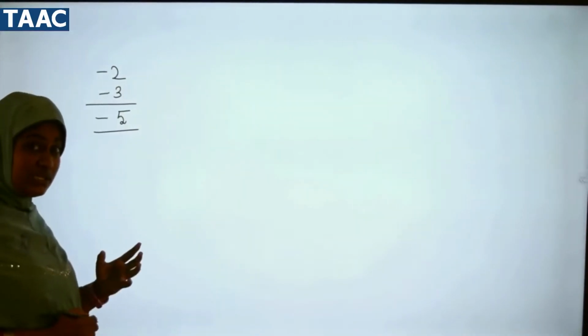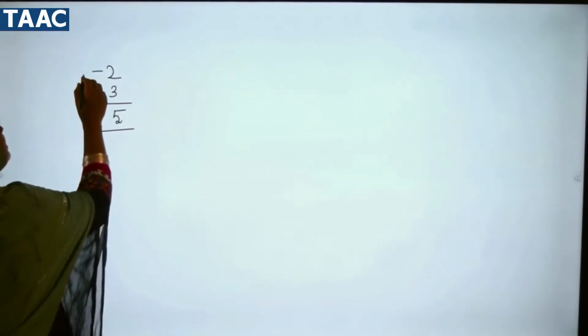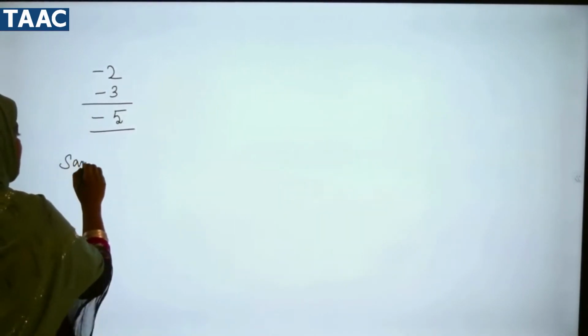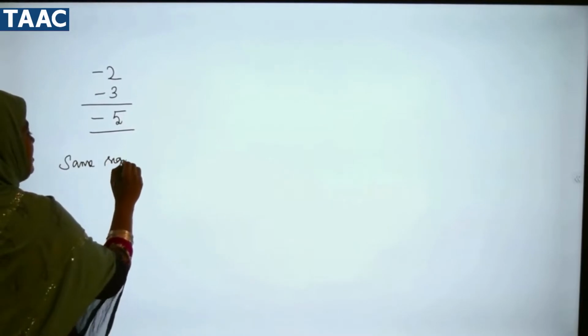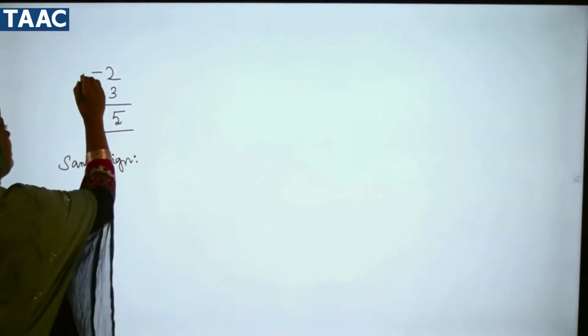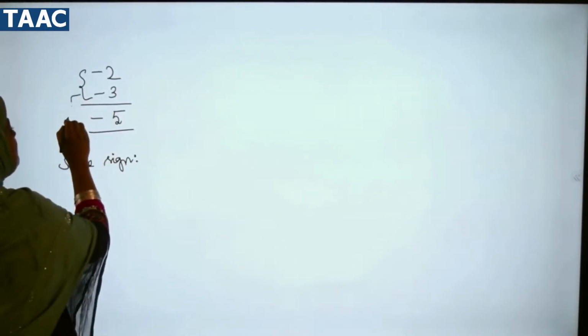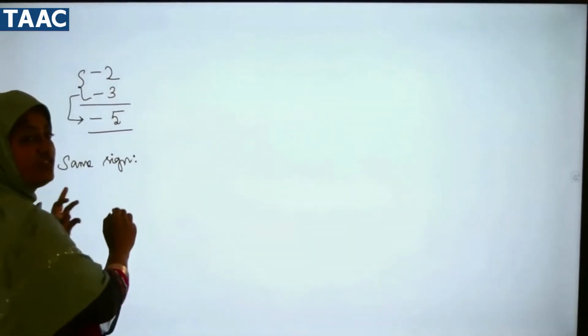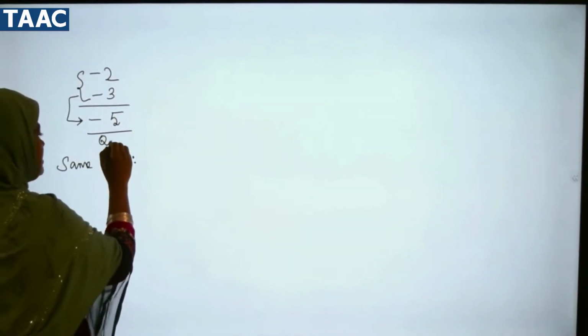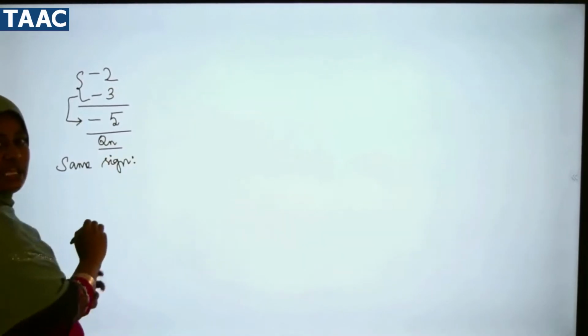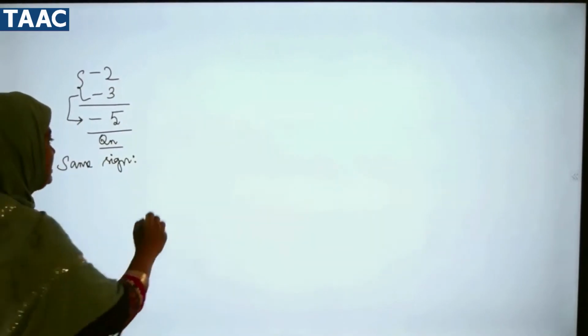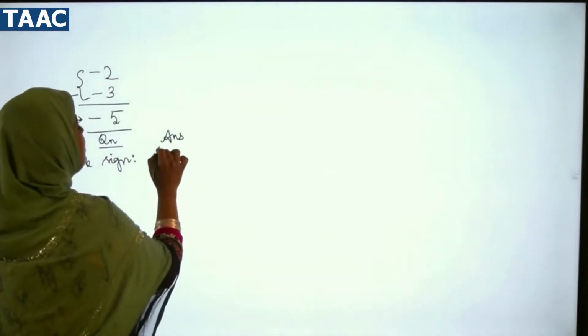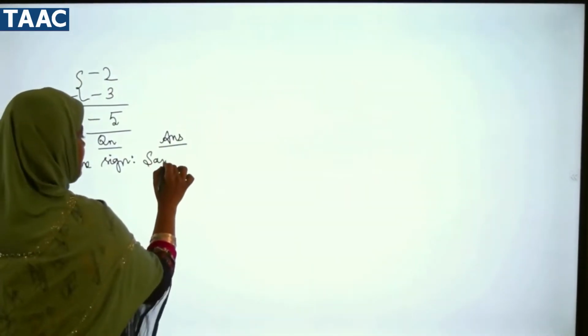So, what is the concept here? We have the same sign. Whether it is a positive sign or negative sign, the same sign comes in the answer also. So, if in the question there is the same sign for all the numbers, then in the answer we get the same sign.